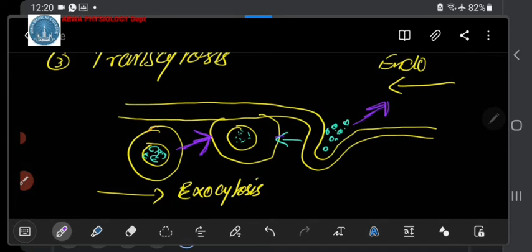This is very simple, and we have been studying it from our childhood. In endocytosis, the material makes contact with the cell membrane. The cell membrane then invaginates, and the invagination is pinched off, leaving the cell membrane intact.